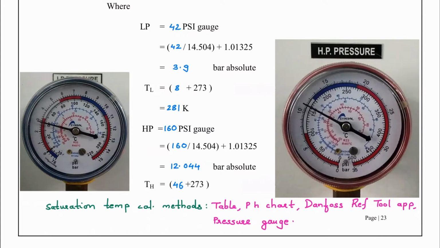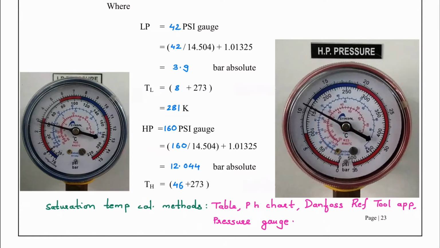Okay. Next method we will see now is the pressure gauge method of calculating this saturation temperature T high and T low. If you see the pressure gauge, here you will find R134A has been written. We have R22, R407C, R404A and R134A. We will see R134A; here the temperature unit is degree Celsius.